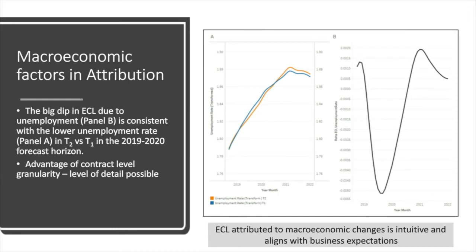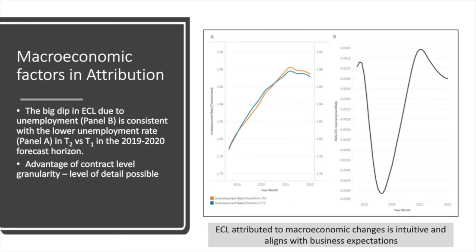And you can see that around mid-2020, the two lines cross over. So after 2020 June, the unemployment rate is higher for T1 than T2. Whereas in the pre-2020 timeframe, you can see the blue line is higher than the orange line, showing that the T2 time period had a lower unemployment rate than the T1 time period.